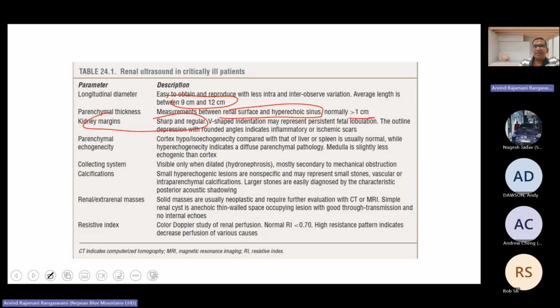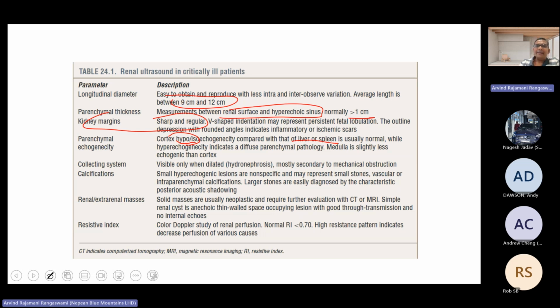The parenchymal echogenicity is typically either less than that or the same as that of the adjacent liver or the spleen. If you have a kidney that is actually denser on ultrasound, more echoic on ultrasound than the liver, then that might indicate a chronic kidney disease.